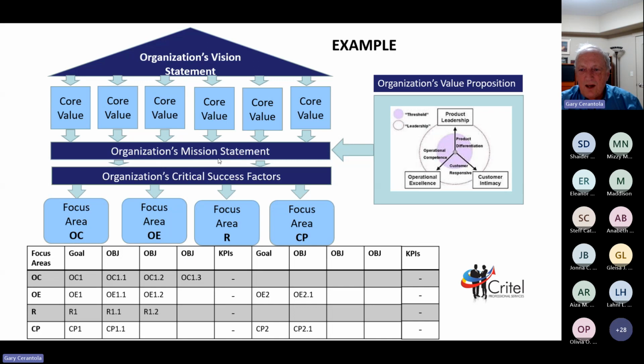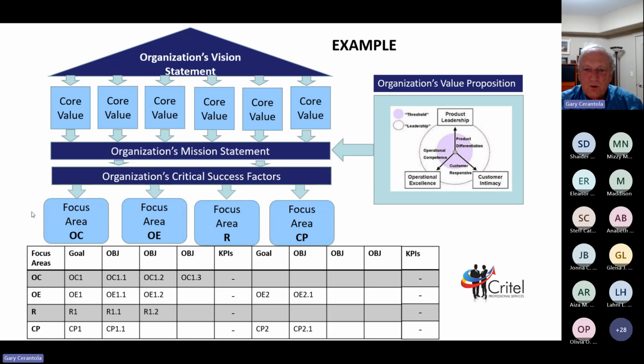The mission statement is what business are you in? Then you ask what the critical success factors of this business are. What's key? What do I need to do to be successful? That gives you an idea of what focus areas you need to work in. I'm telling you too much right now for the assignment, but I'm getting you ready for the planning part as we go down the road in this course.